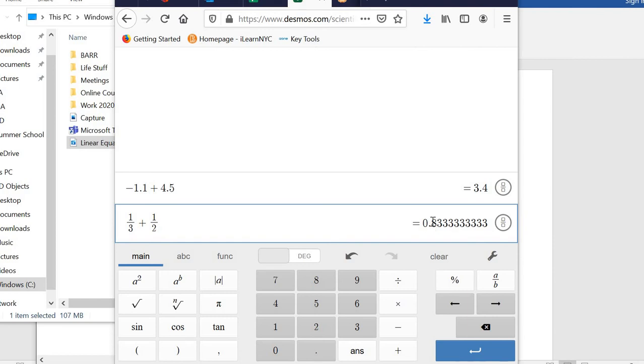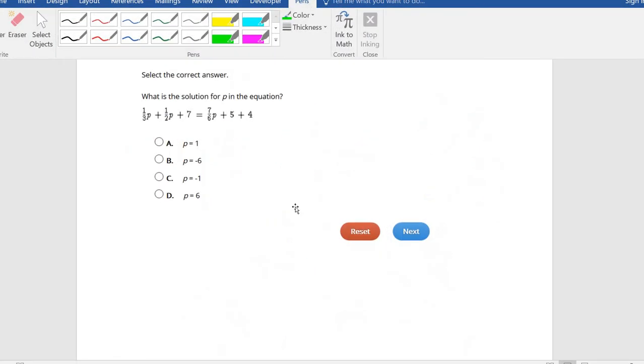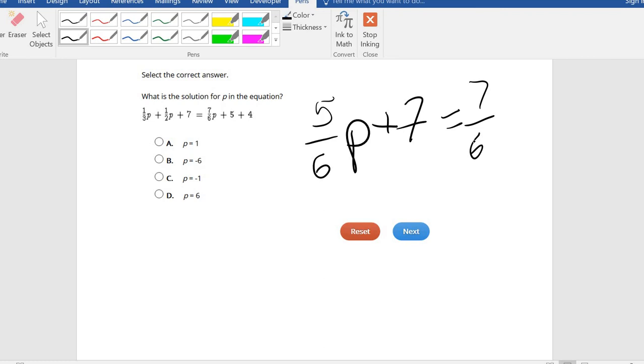And this is nice, but I kind of need to have the fraction, so it's 5/6. So I go back to my work, and I have 5/6 p, right? Because when these combine, plus 7 equals 7/6 p, and I combine 5 and 4, and I get 9.